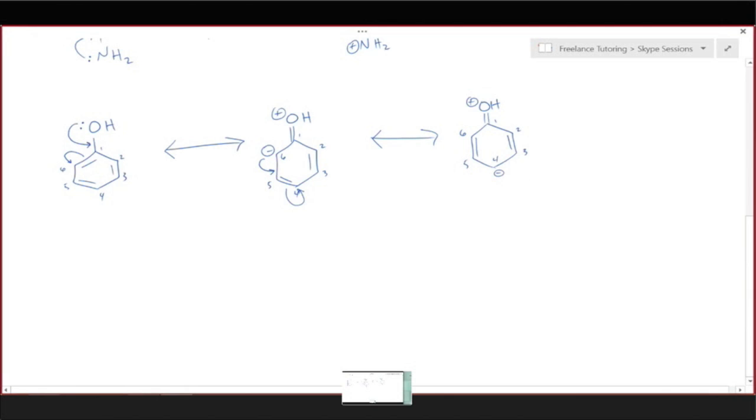Okay. Excellent. Can we draw any more resonance structures? Yeah. Okay, excellent. Can we draw any more resonance structures?